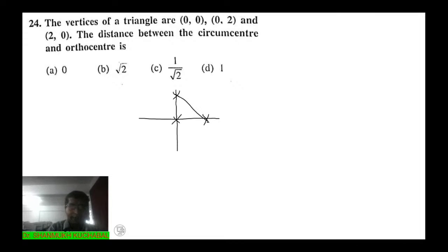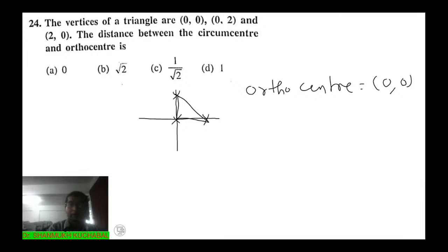If we combine these, we will get a right angle triangle. So clearly we observe that there is a right angle at the origin, therefore the orthocenter is (0, 0).